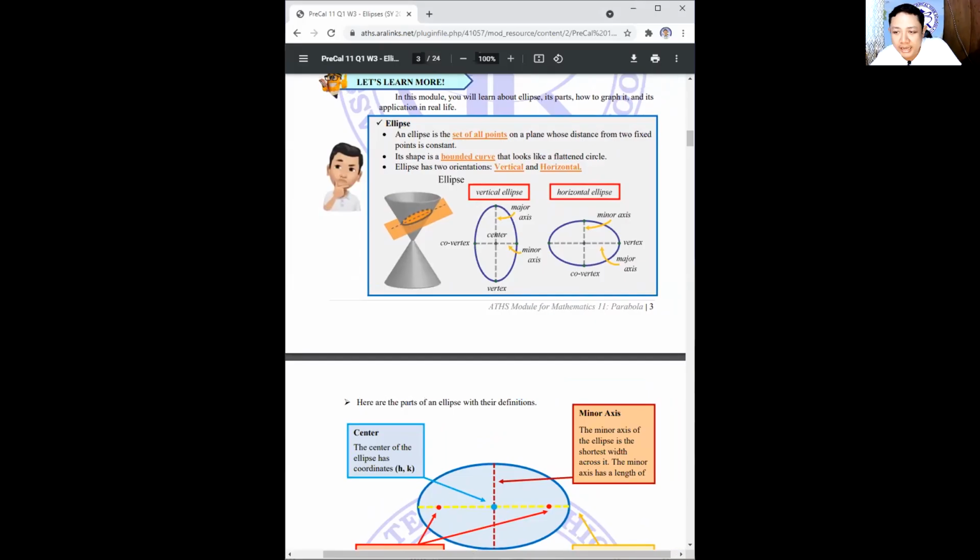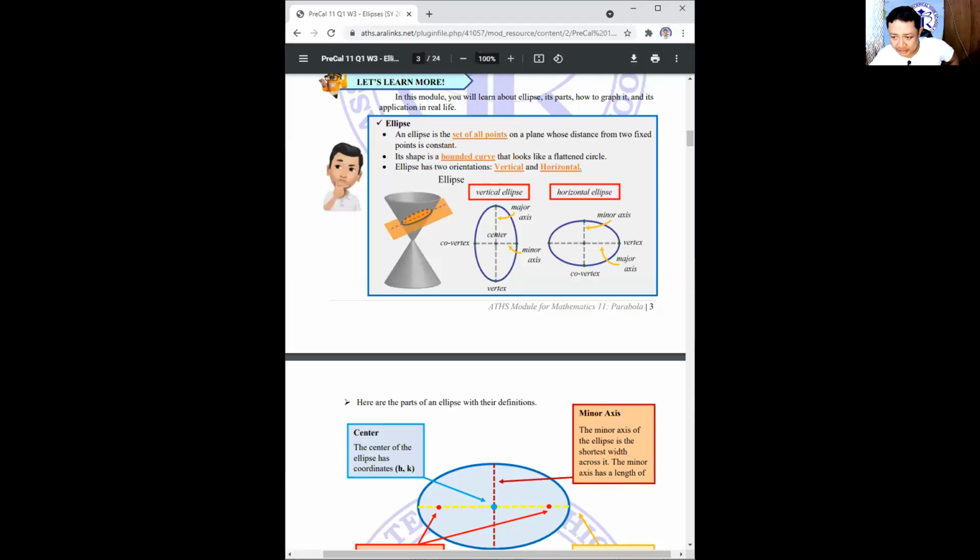Okay. And they have the same parts. They are the major axis, the minor axis. When we say major axis, that's the longer axis from the endpoints passing through the center. And the minor axis, that's the shorter line passing through the center of the ellipse. Okay? Similarly, when we have our horizontal ellipse, we have our major and minor axis.